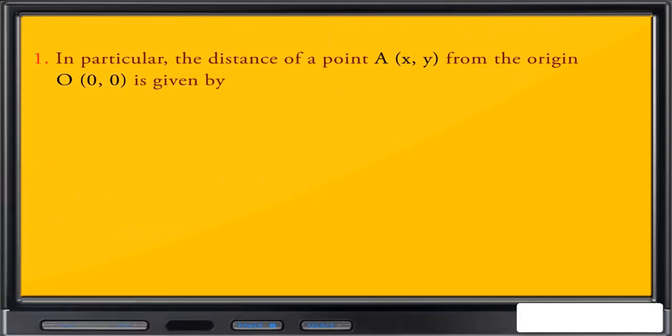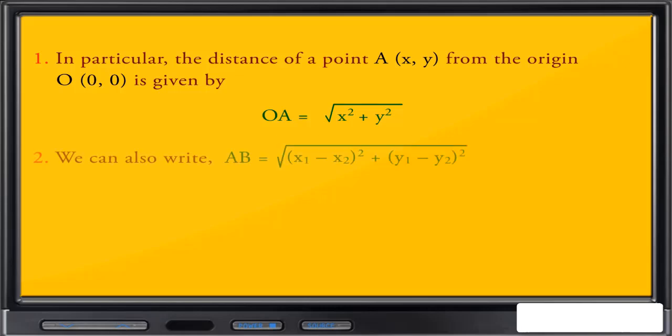In particular, the distance of a point A whose coordinates are x, y from the origin O whose coordinates are 0, 0 is given by OA is equal to under root of x square plus y square. 2. We can also write AB is equal to under root of (x1 minus x2) whole square plus (y1 minus y2) whole square.